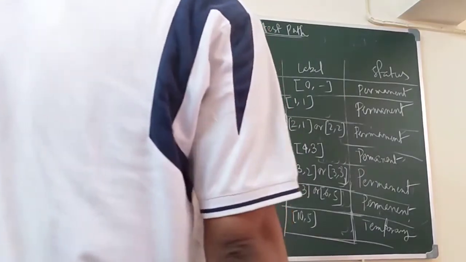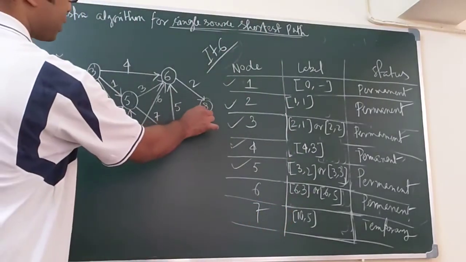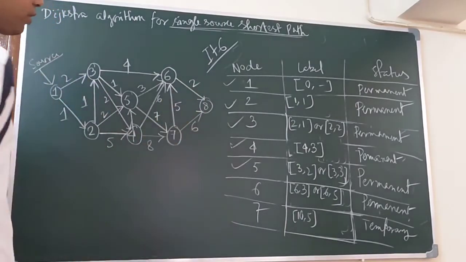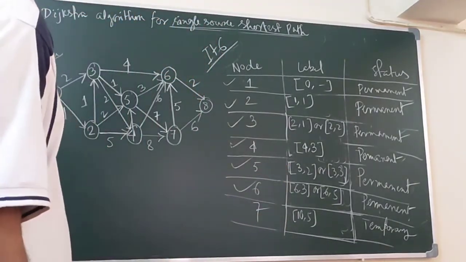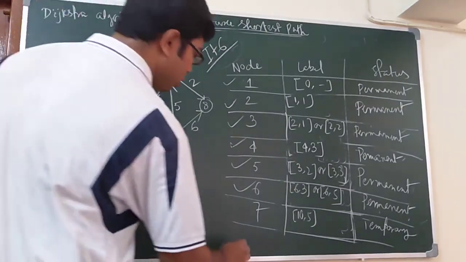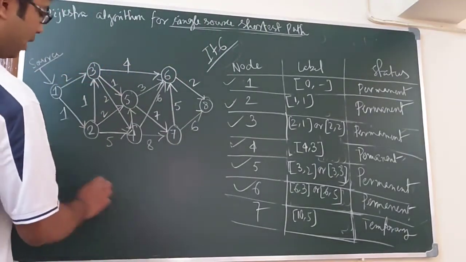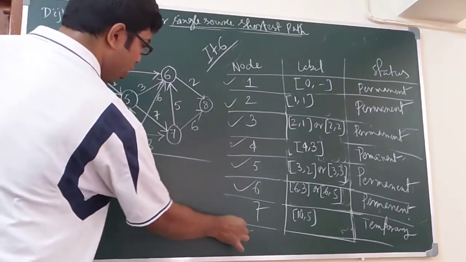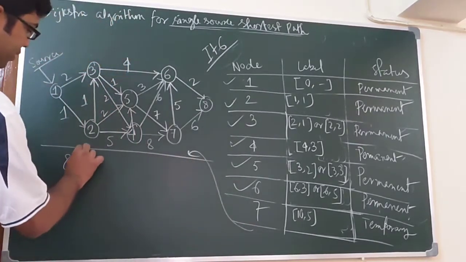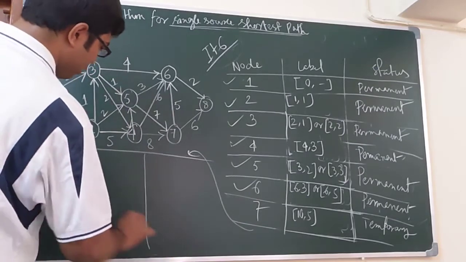Now, node 8 can be explored via this sixth node, as the sixth node is made permanent. So what will be the level value?